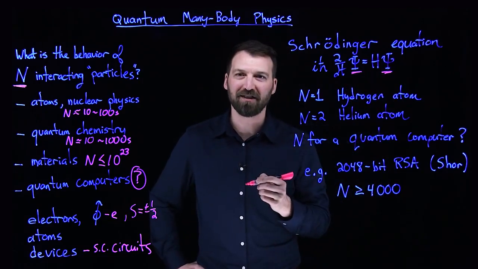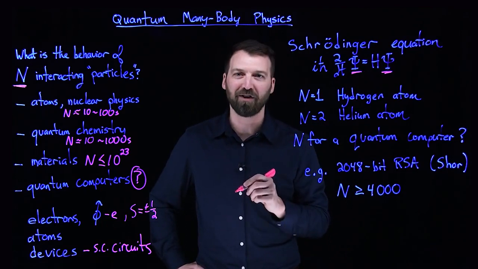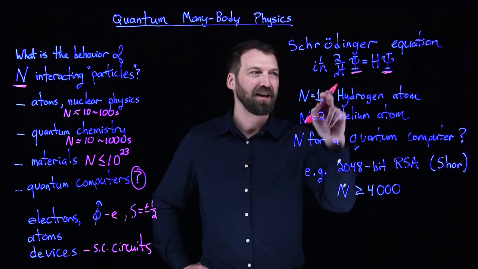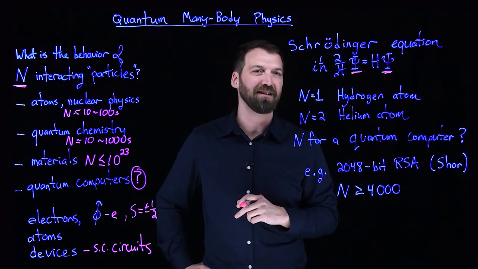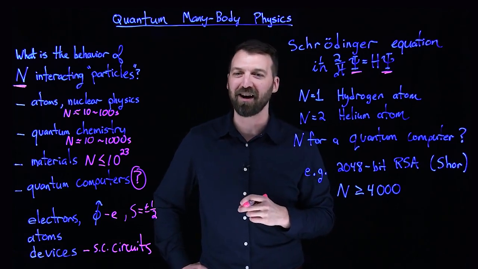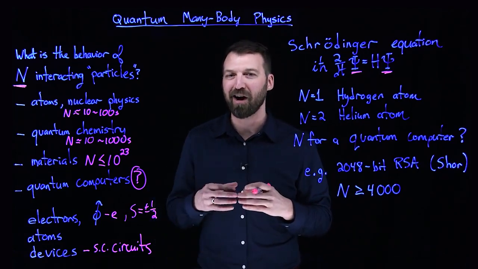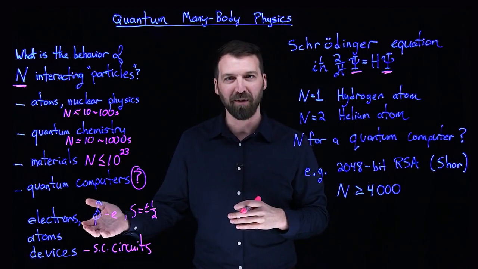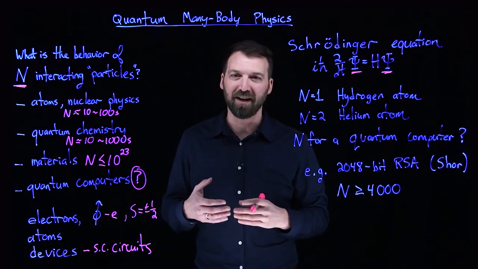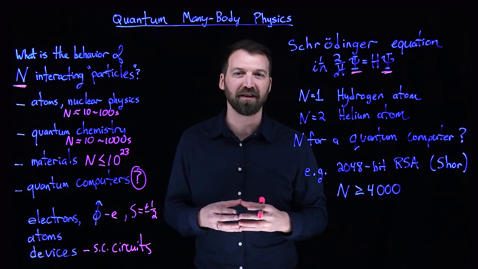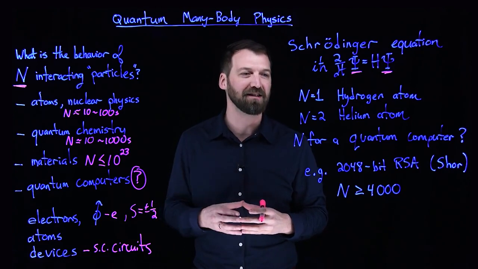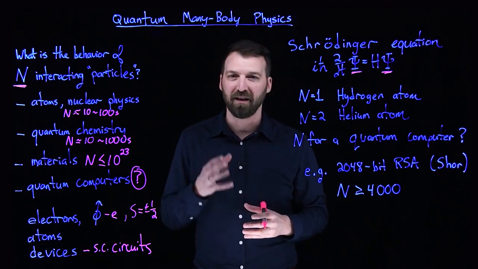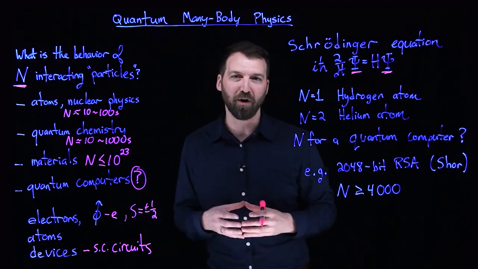So the wave function is the quantum state of the particle or the system of particles. Its time evolution is governed by this equation, and we're typically interested in how an electron or an atom or a qubit behaves at some later time. We're interested in this ability to predict its behavior at a later time. This is a very difficult problem.